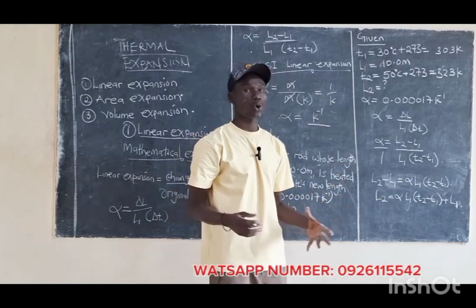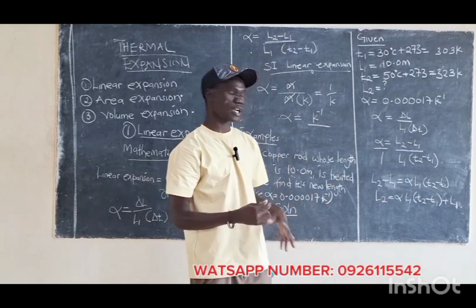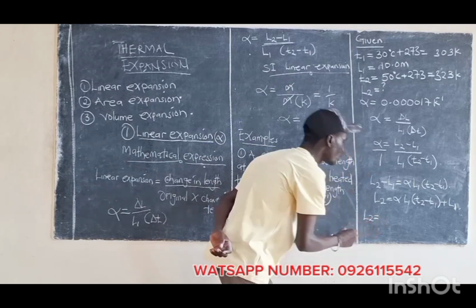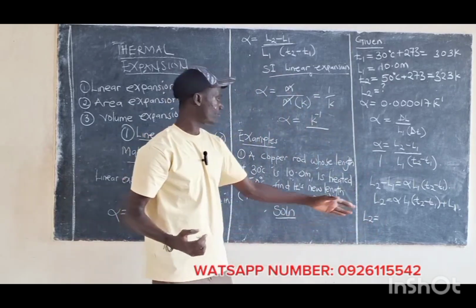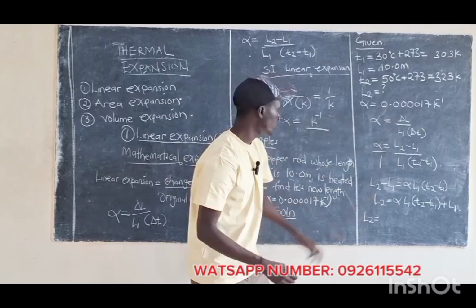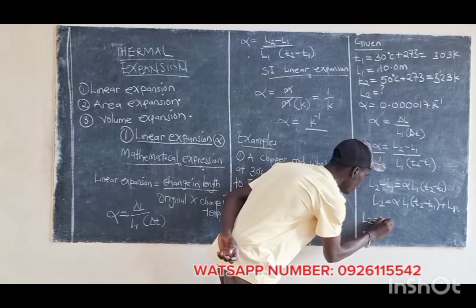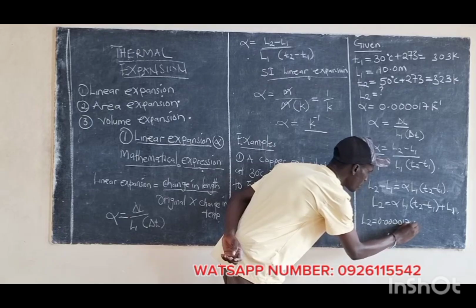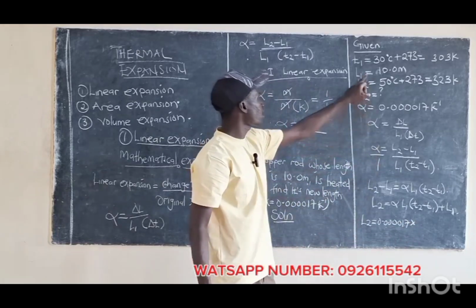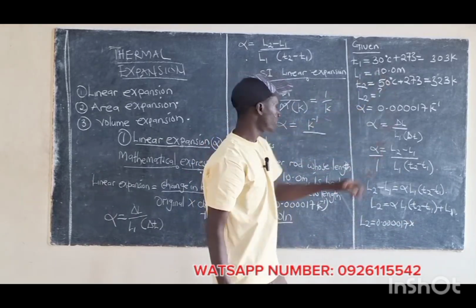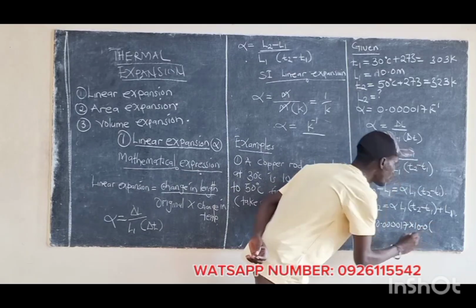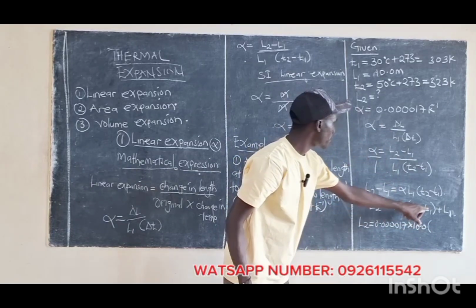So from there now, we are good to substitute our values. We're going to say L2 is equal to the value of alpha, which is 0.000017, times L1. Our L1 is 10.0, into T2 minus T1.